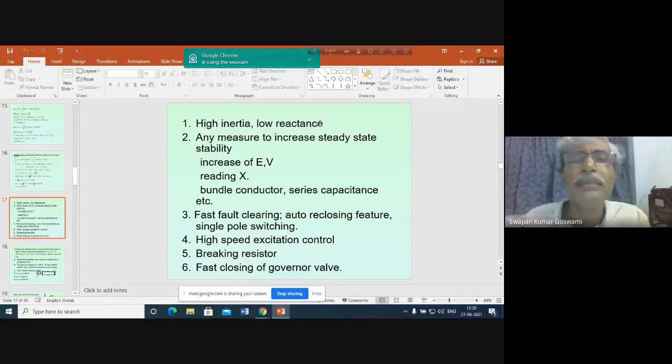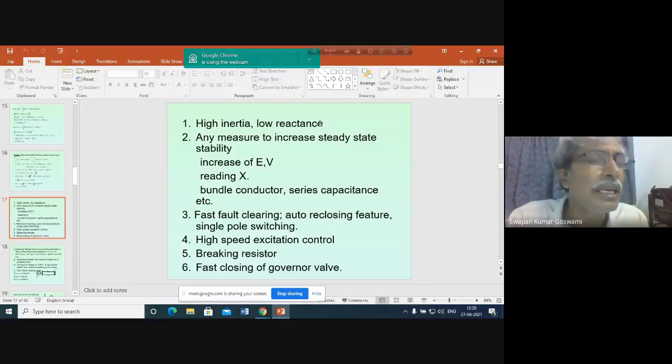More time means that controls, which you have to apply for maintaining transient stability, will get more time to make the system stable.